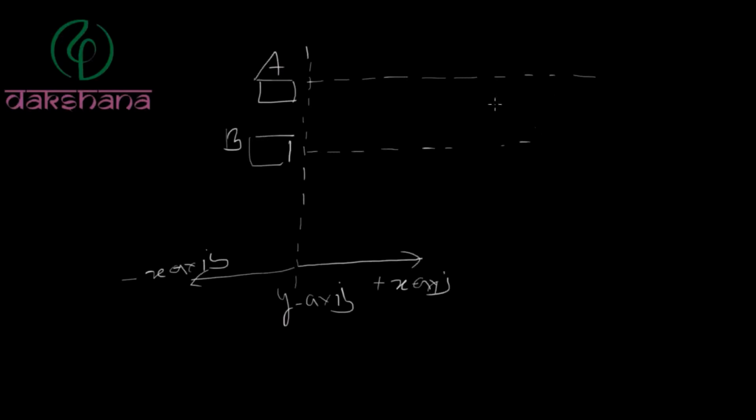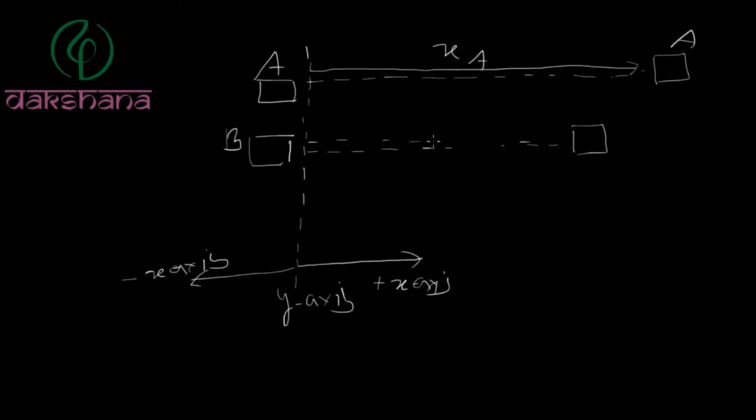After some time, suppose body A is over here and body B is over here, and they have position coordinates, say xa and xb. The position of A after some time is XA and the position of B after some time is XB. Here XA and XB are the positions of A and B with respect to this reference line, the y-axis.